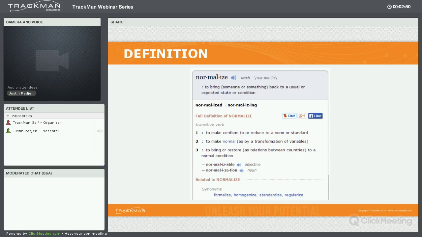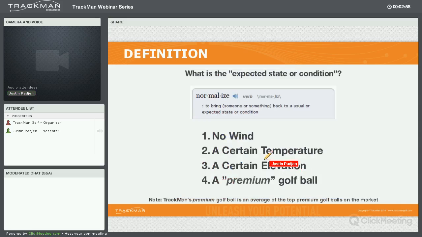We're trying to create a standardized ball flight that you can relate to and then make adjustments based off of that. So what is the expected state or condition of our normalization feature? The 4 things you need to be aware of: 1, no wind.